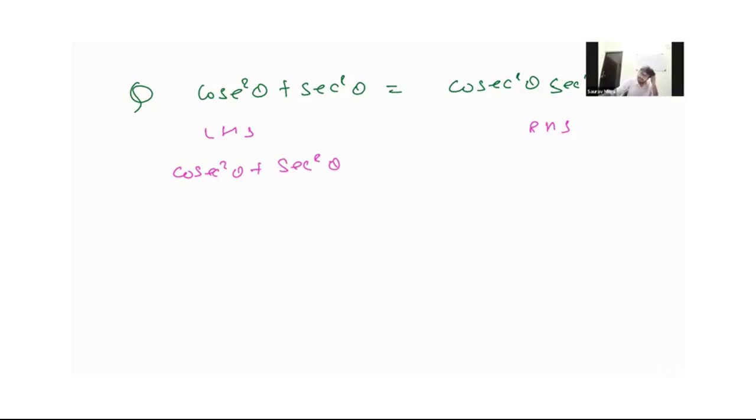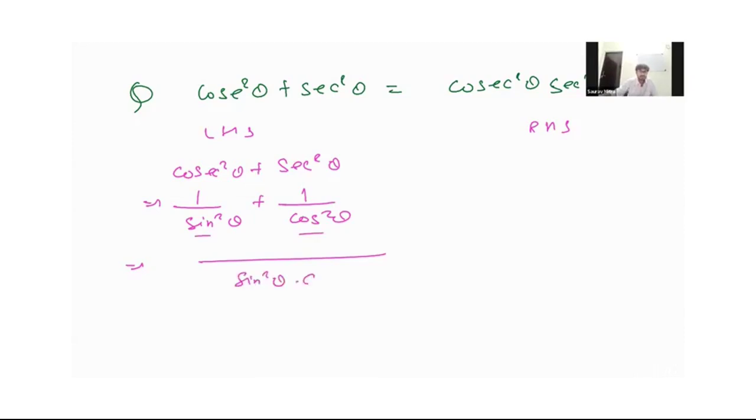Since we know that cosec theta and sin theta are reciprocal of each other, it will be written as 1 upon sin square theta, and the other as 1 upon cos square theta. Now we will take the LCM. What will be the LCM of sin square theta and cos square theta? They are both different, so the LCM is the product of these.